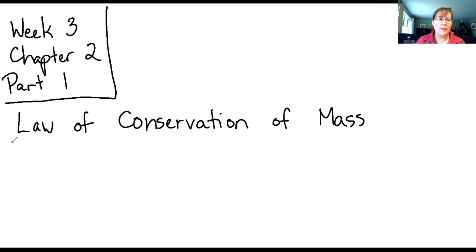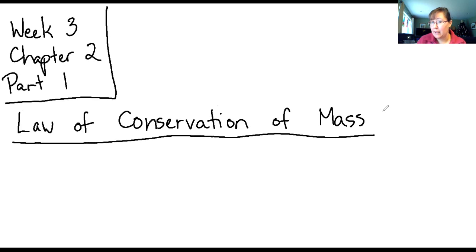Well, what is the law of conservation of mass? In this case, to conserve means to keep. All right, so what we're really talking about here is that mass is kept, okay? And what we're actually saying is that we cannot create mass and we cannot destroy mass or matter, and matter always has mass.